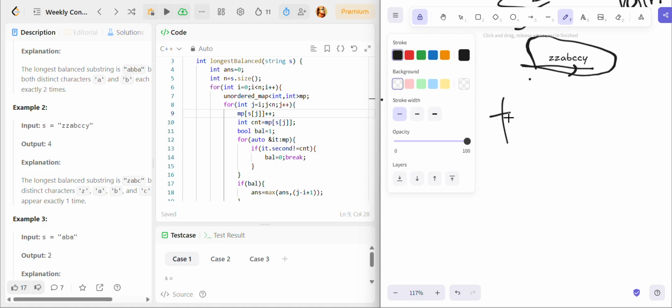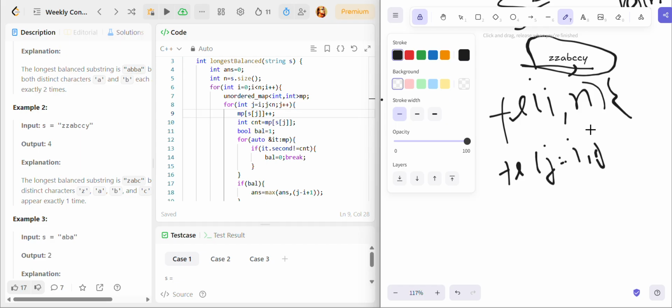So what I have done is, I will iterate firstly till n, and then from the ith index, j equal to i till n. That means if i is 1 here, then I have taken my j from i to n.